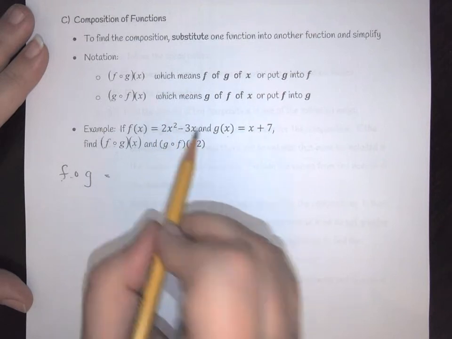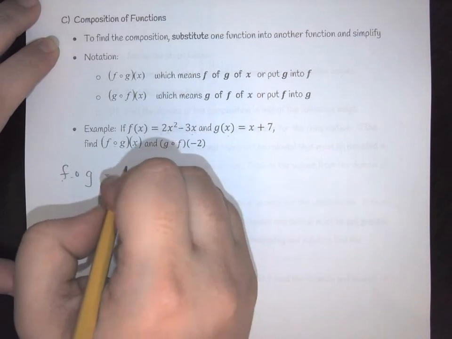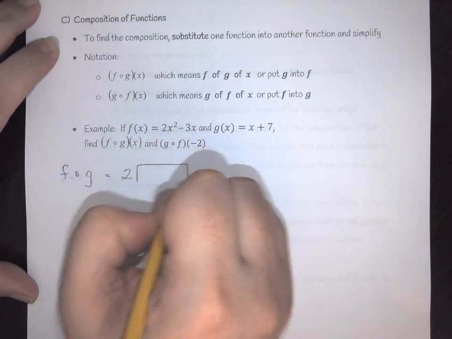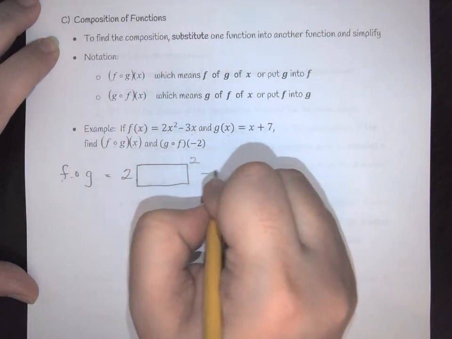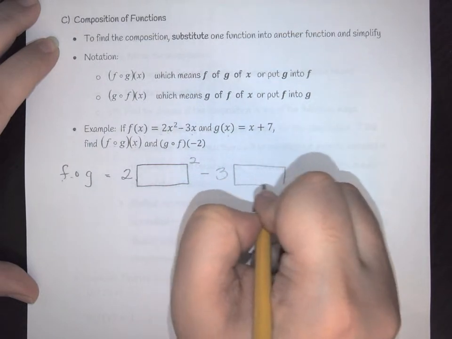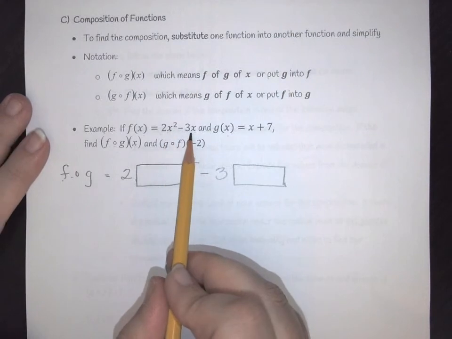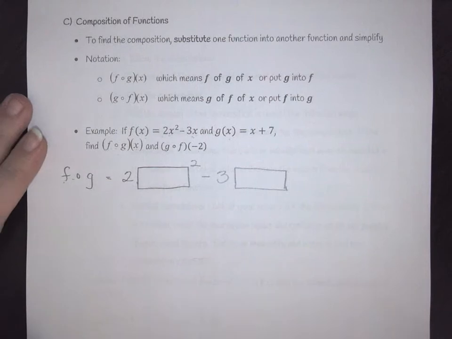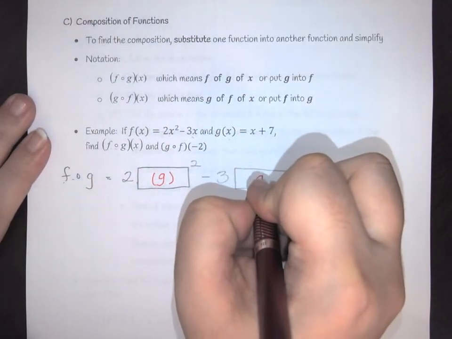Anywhere that I have x's, I replace them with a placeholder. So this is going to become 2 of something squared minus 3 of something. This is how I help myself remember that my x's here are going to be replaced with a different function, and in this case they're being replaced with your g function.